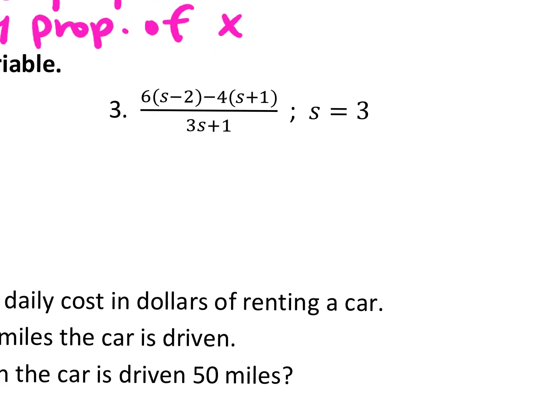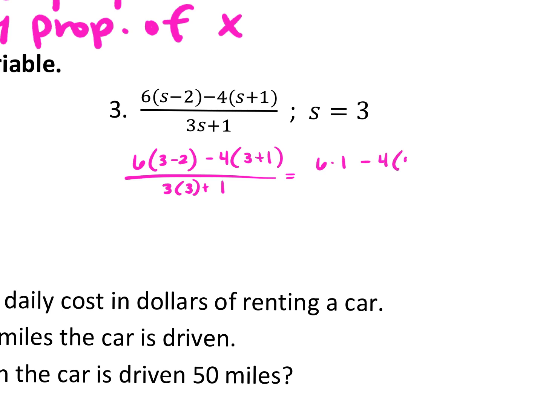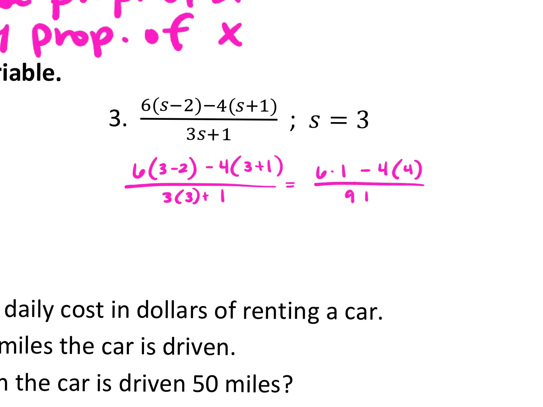Number 3, you have an S value of 3. So we're going to drop that 3 in. Okay, so it looks like this. PEMDAS says that we should do what is in the parentheses first. So that's going to become 6 times 1, right? 3 minus 2, minus 4 times 4 over, we'll do 9 plus 1.